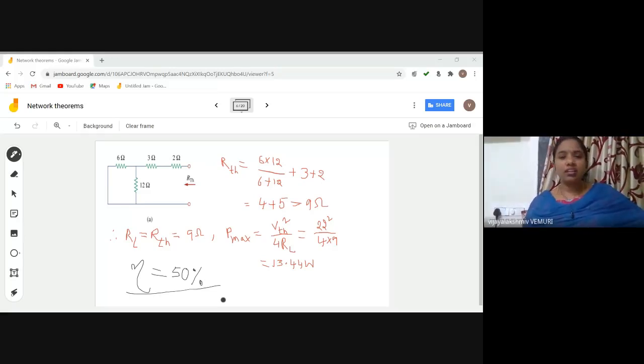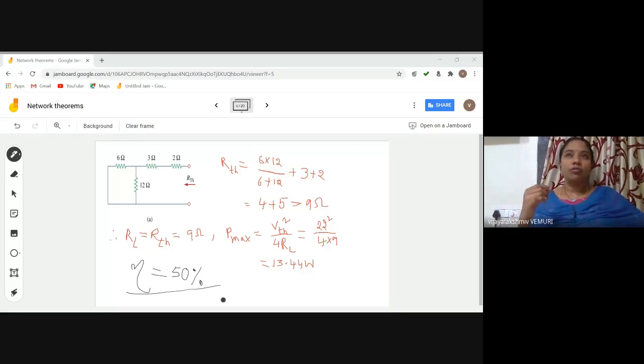Okay, this is a very simple theorem. Even in the laboratory you'll be verifying this theorem. By connecting a decade resistance box, which is a variable resistor, as the load, we'll apply some voltage and then vary the resistance value. We'll note down for each resistance the voltage, the current, and the power.